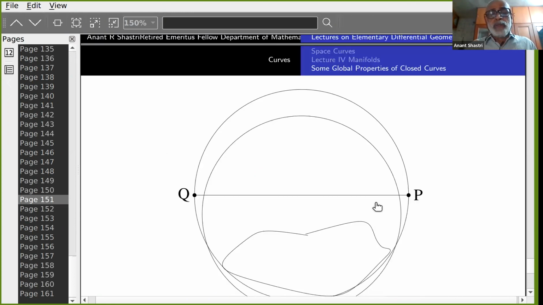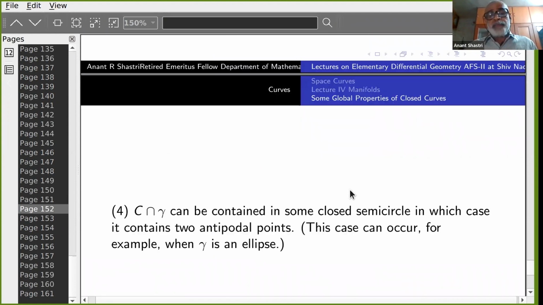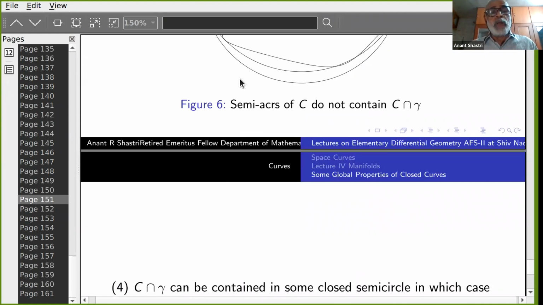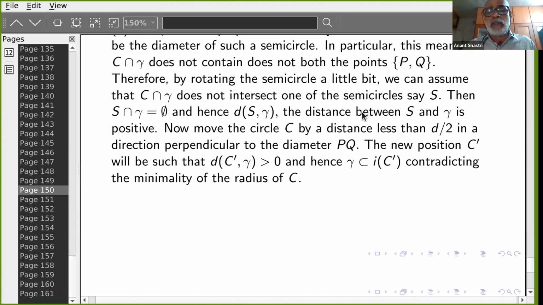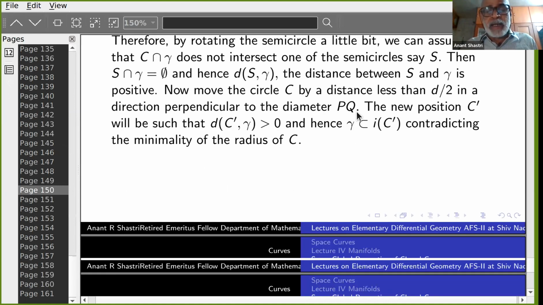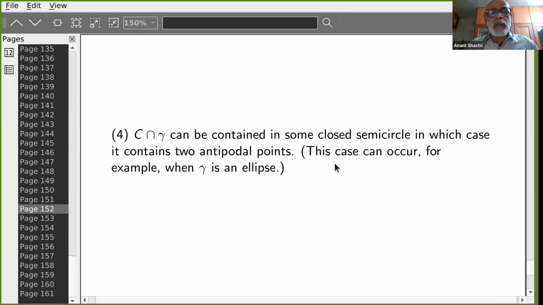All right. So the conclusion here is that C intersection gamma, first of all, is non-empty. It's not a proper subset of any semi-arc of C. The next thing is that C intersection gamma can be contained in some closed semicircle, in which case it contains both the endpoints.